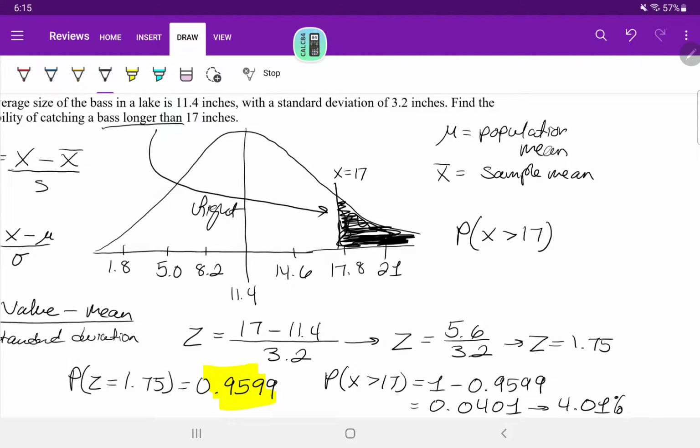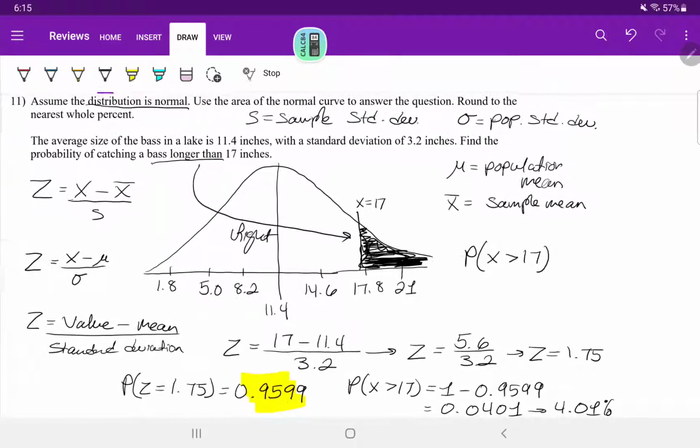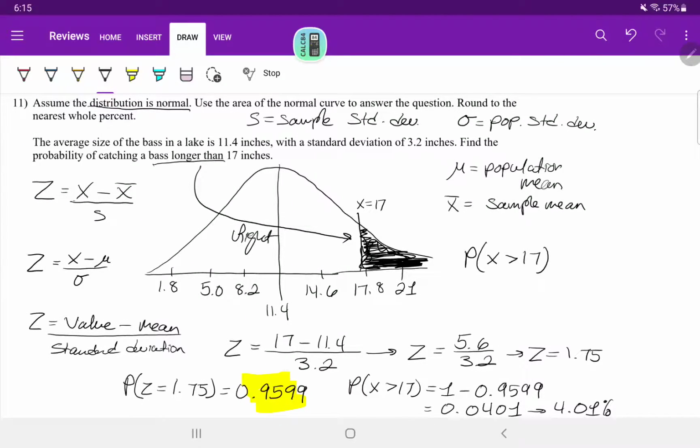You can multiply that by 100 if you want to: 0.0401 times 100 gives us 4.01. And because it says it wants the nearest whole percentage, this will be rounded to 4%. And the answer to this question is 4%.